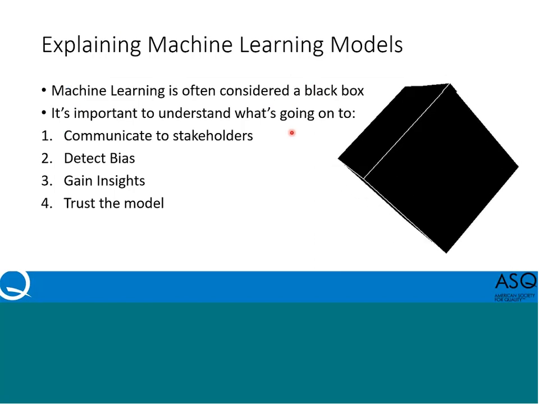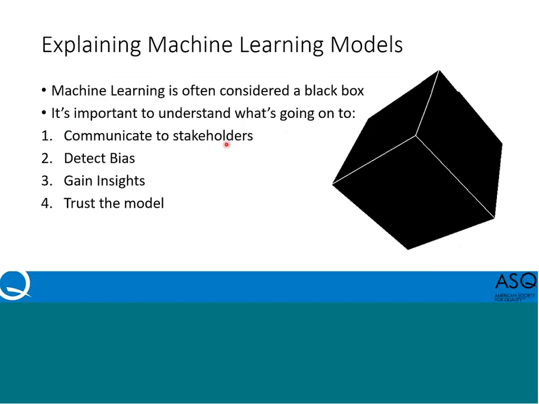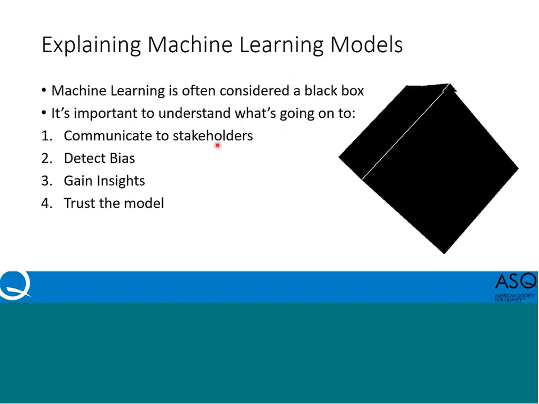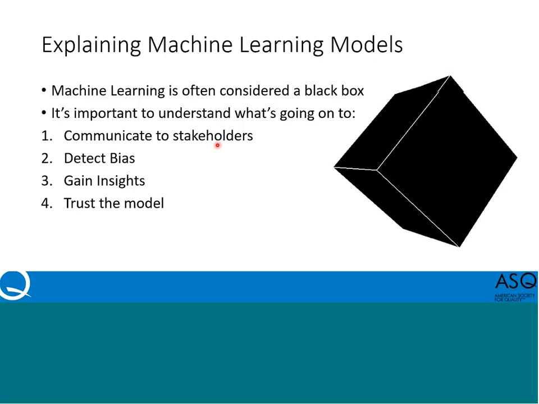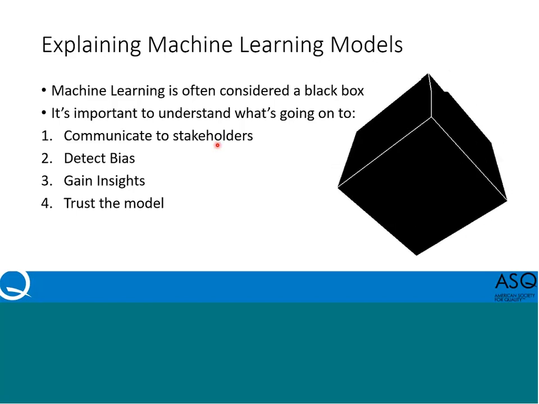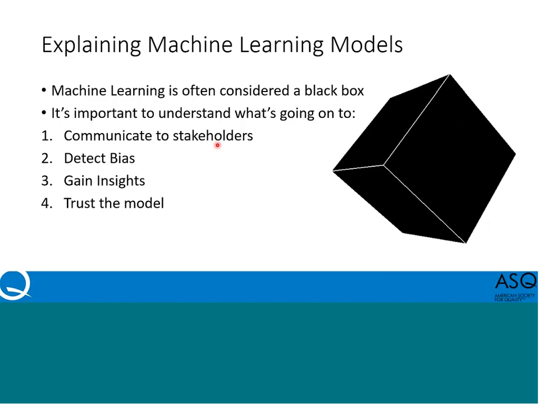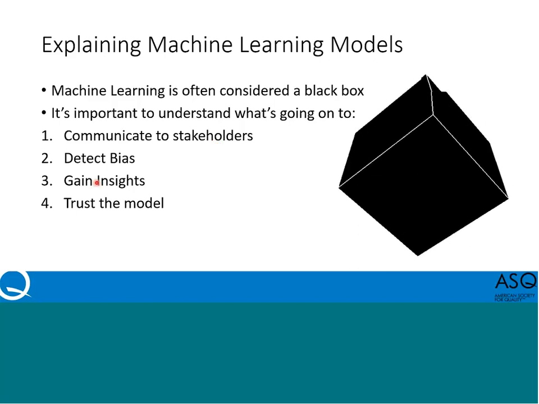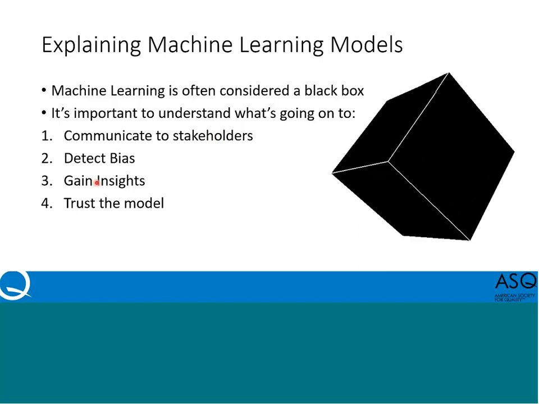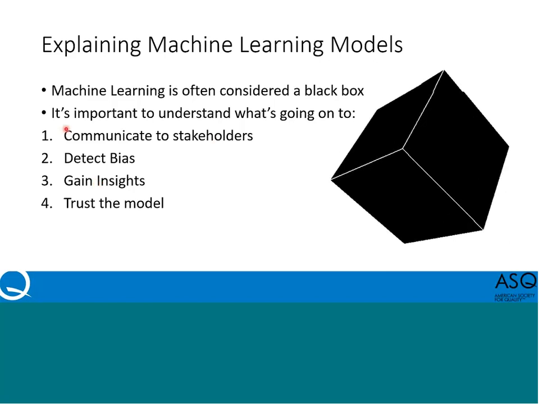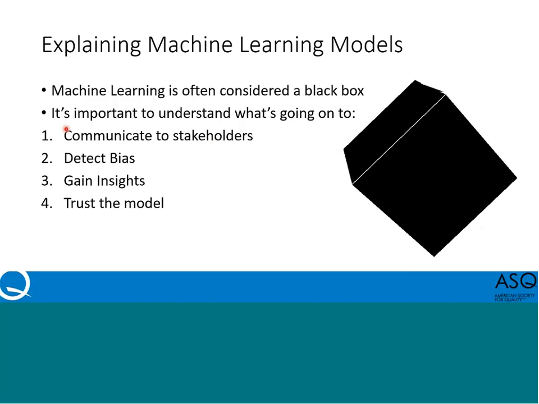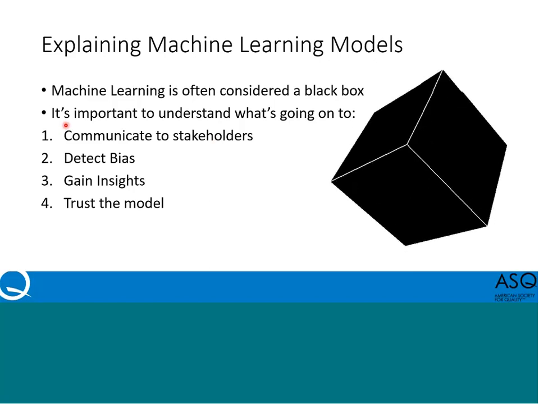And as more models are made with machine learning, I think it's going to become very important to understand what's going on. A lot of car insurance companies are saying, drive with our app turned on so we can learn how you drive. That's going to impact your premiums for auto insurance. And if your premiums go up, I'm sure you're going to want to know why that happened. But with some models, it's often very hard to do.